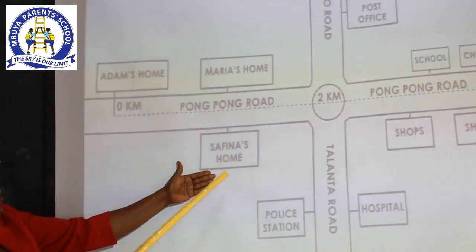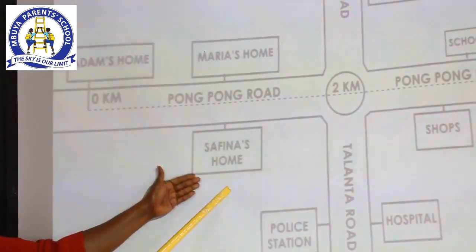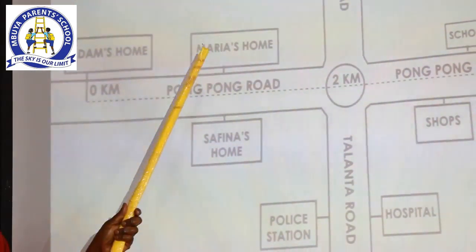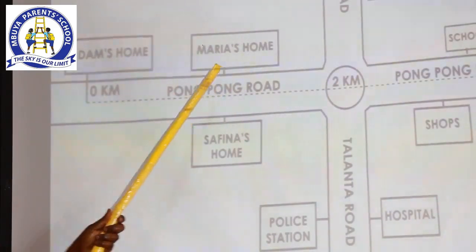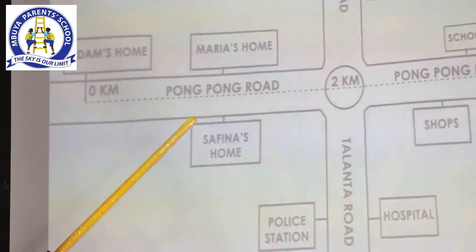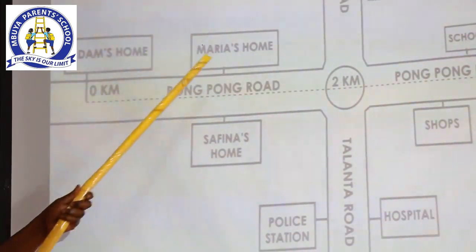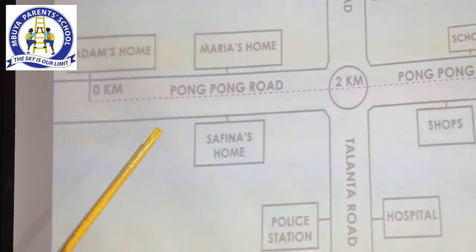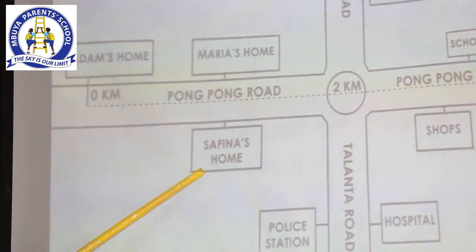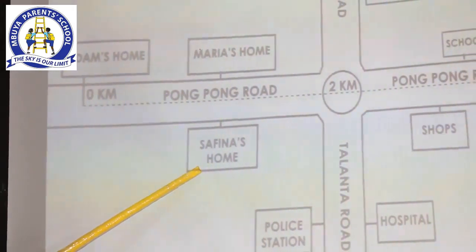We looked at these words, opposite to and next to. So Adam's home is next to Maria's home, and Maria's home is opposite to Safina's house.